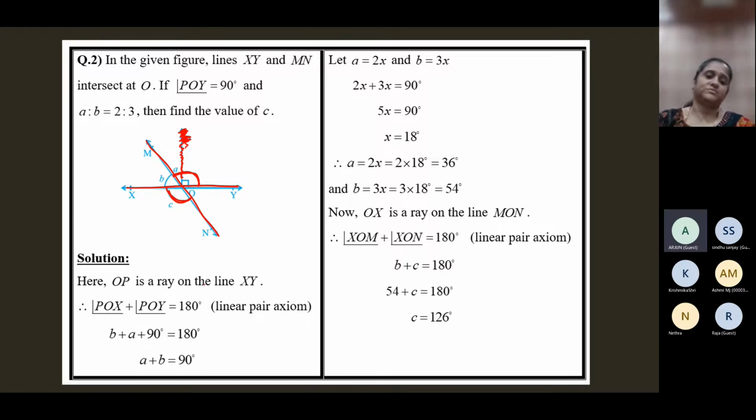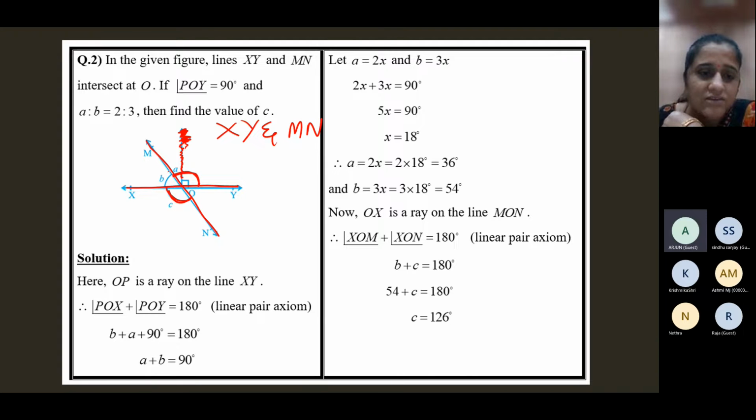Yes or no? Yes, ma'am. XY and MN are intersecting lines. So vertically opposite angles are equal.